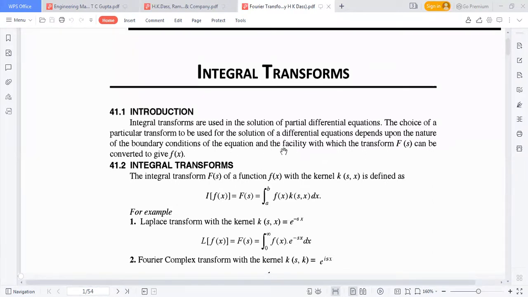The transform F of s, where s is the transform parameter, can be converted back to the original function f of x. After solving the differential equation, we get y equals f of x. So after solving and assigning the boundary conditions of the partial differential equation, we get the original function f of x.